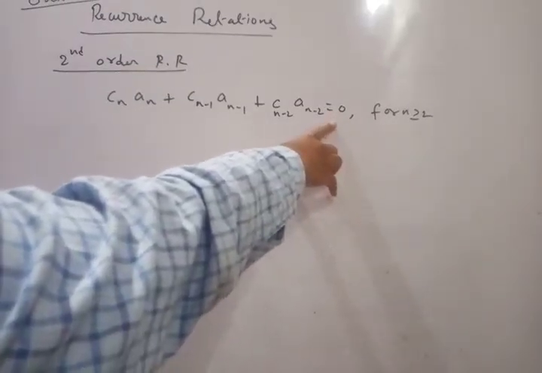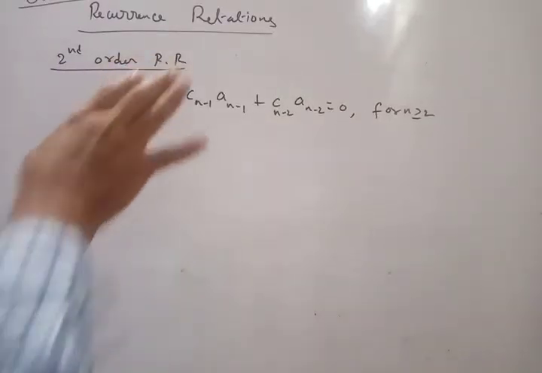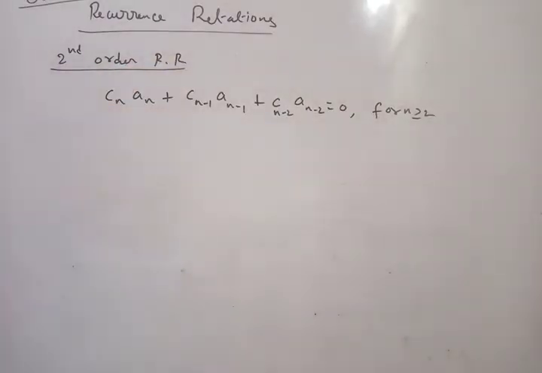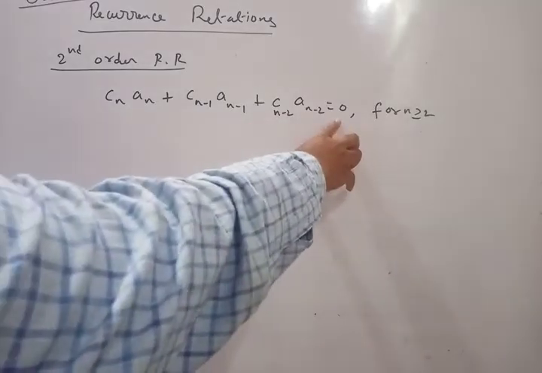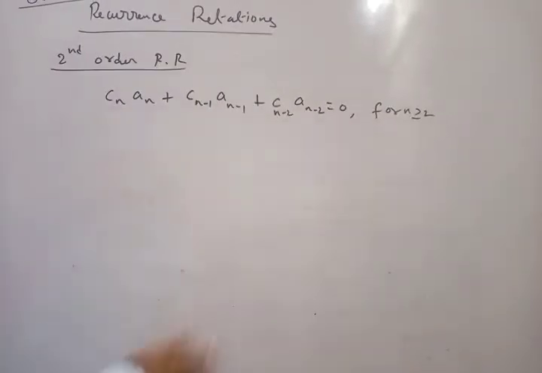If the right side is equal to 0, we call these homogeneous recurrence relations. Like in mathematics 1, when solving higher order differential equations, when the right side is equal to 0, we take it as homogeneous, correct? When on the right side we have a function, we take it as non-homogeneous. Similarly here also, if the right side is 0, it is called a homogeneous recurrence relation.